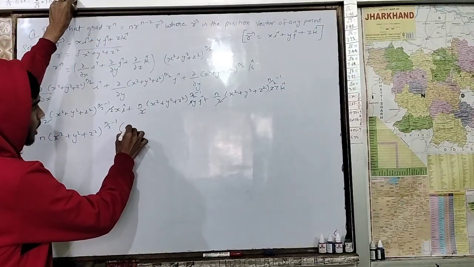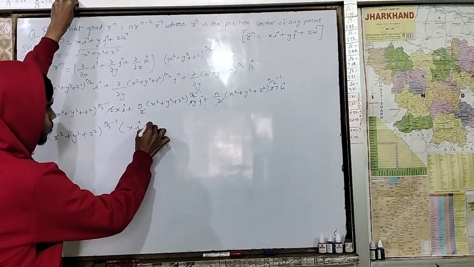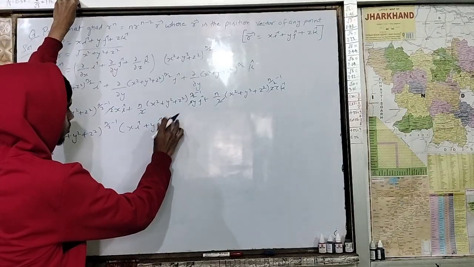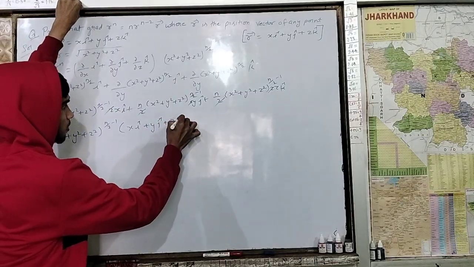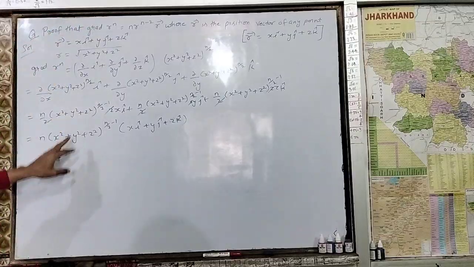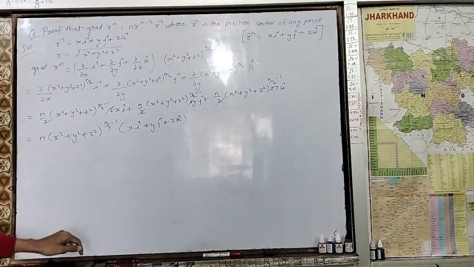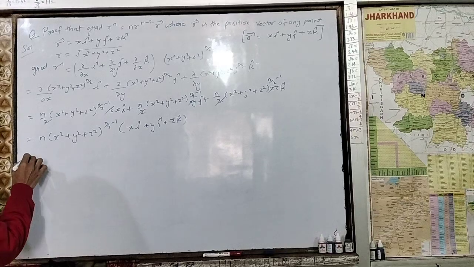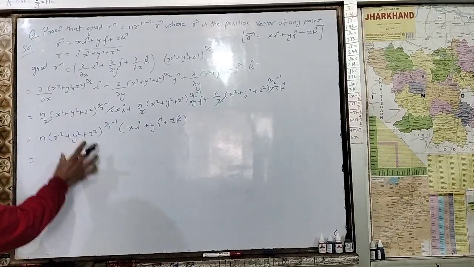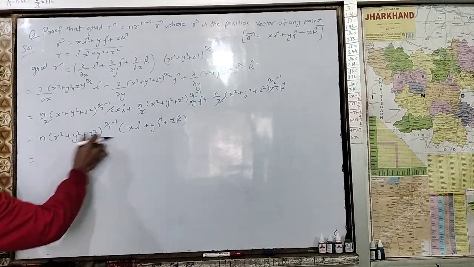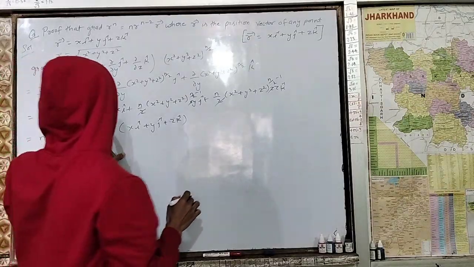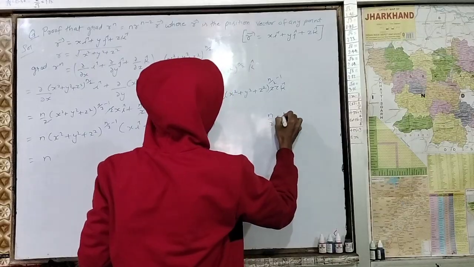And we have x i cap plus y j cap plus z k cap. Am I correct? You can see this is the value of r square and this is the value of the position vector. So finally you can replace this by r square and this by r vector. So n, simplify this, n by 2 minus 1.